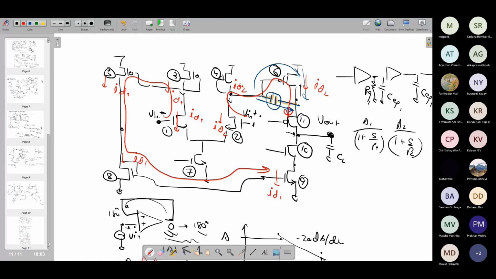If we assume this is AC ground and this becomes like a common source amplifier, and we find the overall gain transfer function, the transfer function from the first input to the output and from the second input to the output are not identical.